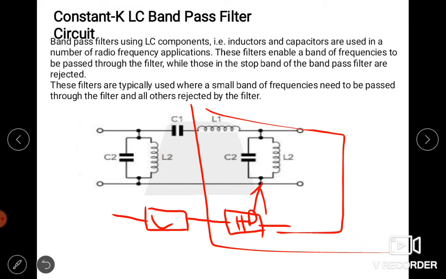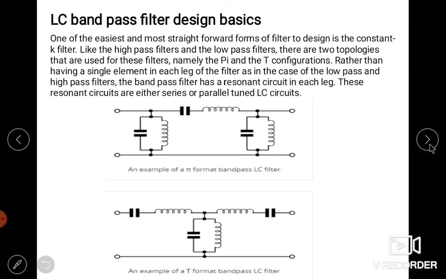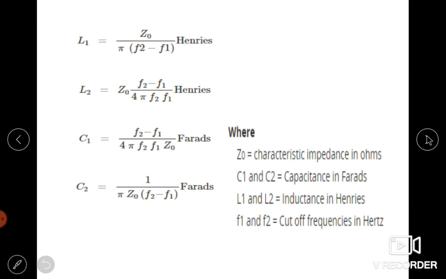We cascade the two frequencies in the same way and find out the values by using this formula. These are the two cutoff frequencies. We design L1 by this formula, L2 by this formula, C1 by this formula and C2 by this. These are the simple ways to choose the values to fit in the band pass filter circuit.